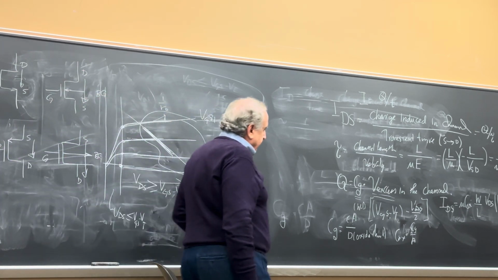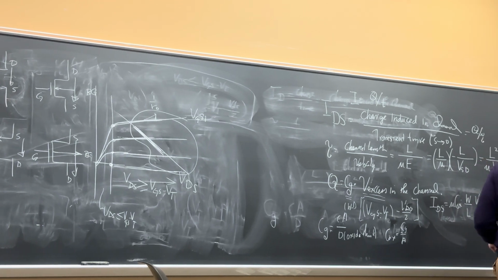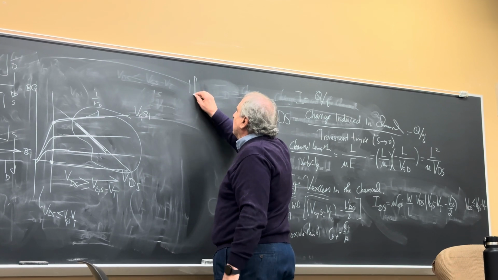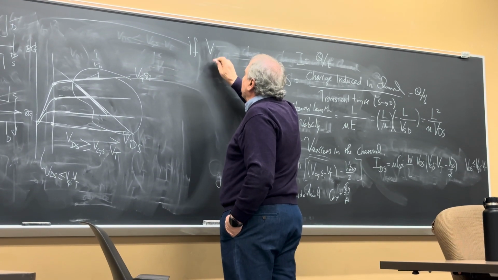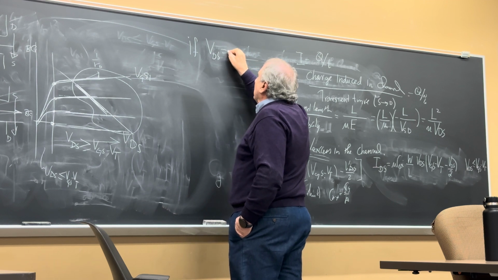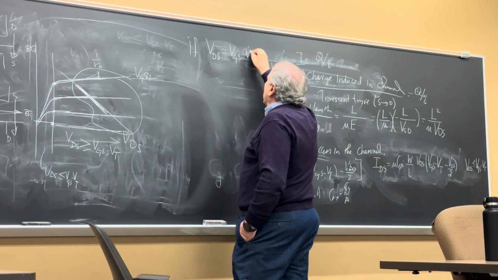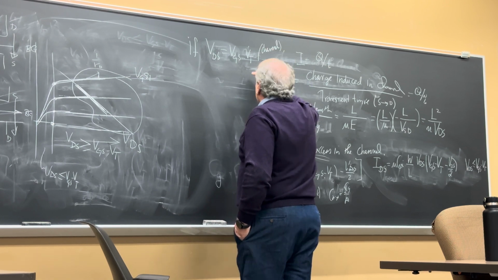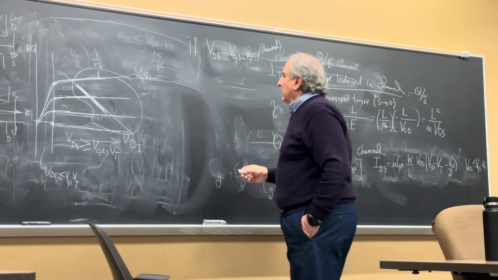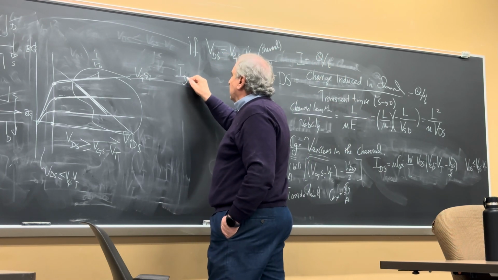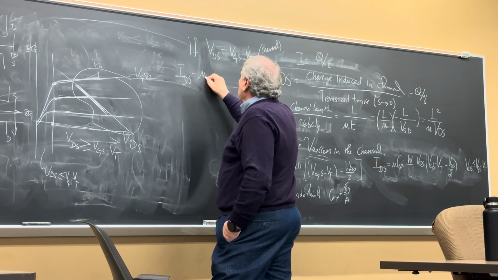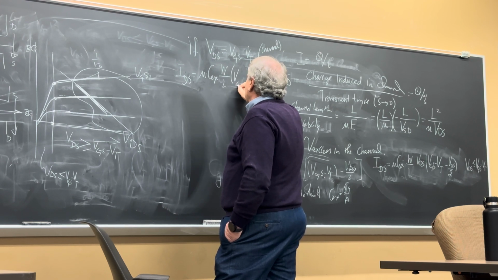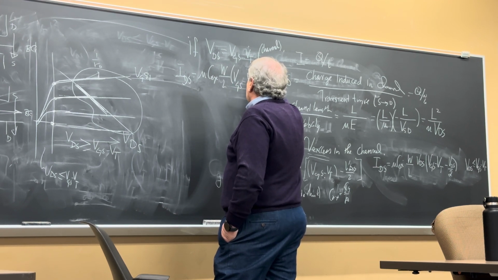If VDS equals VGS minus VT, that means you have the channel already formed. Put it in this equation and you're going to get IDS equal to mu Cox W over L times VGS minus VT squared.